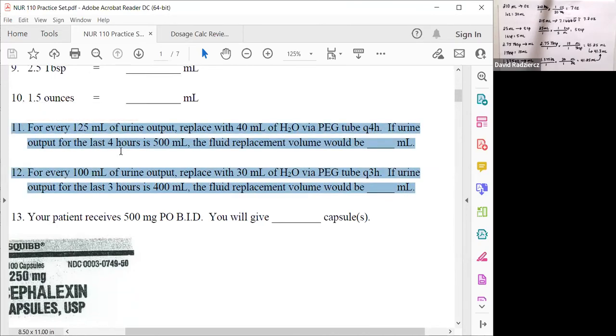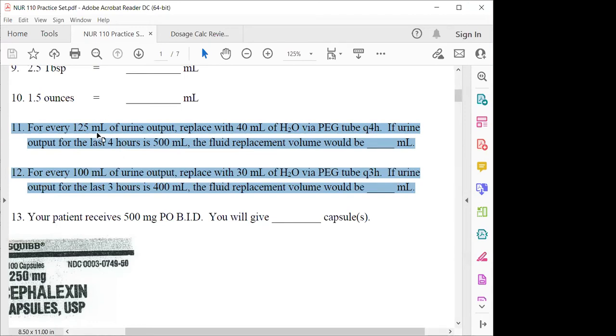What we're going to do is calculate how much fluid to give back to the patient once they've voided a certain amount of fluid. I'm going to show you how I interpret it, and then I'll also talk about variations that you might see.